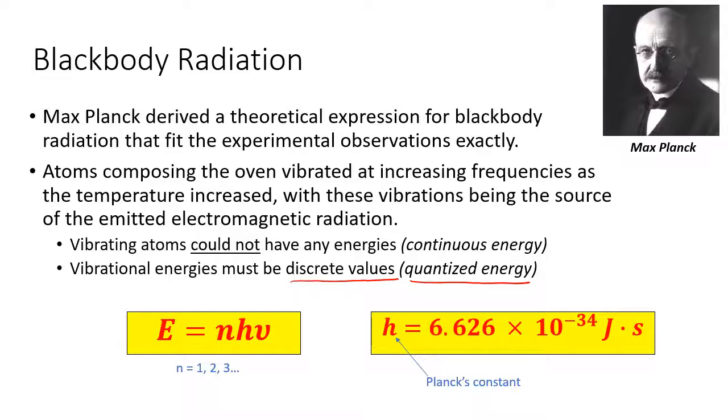Max Planck proposed that electromagnetic radiation can instead be viewed as a stream of tiny packets of energy. These tiny packets of energy were referred to as photons. His equation, often abbreviated E equals hν, says that the energy has to be released in whole units of photons, where the energy being calculated is that of one photon.